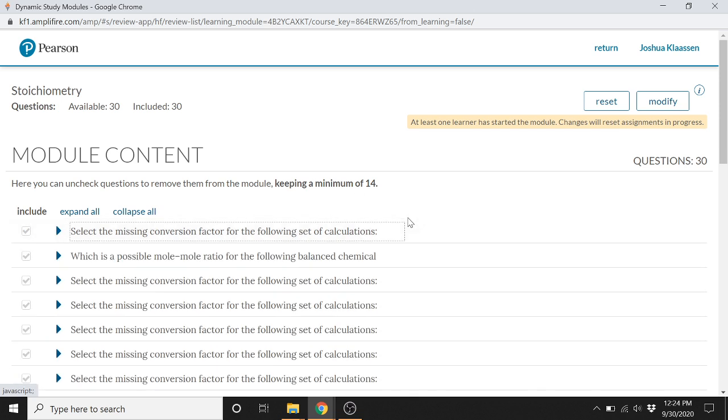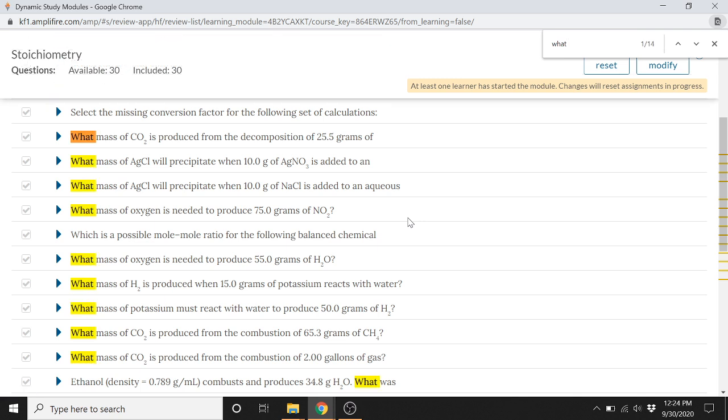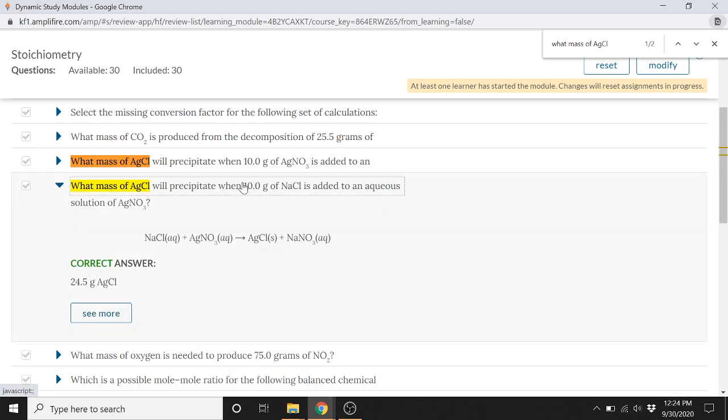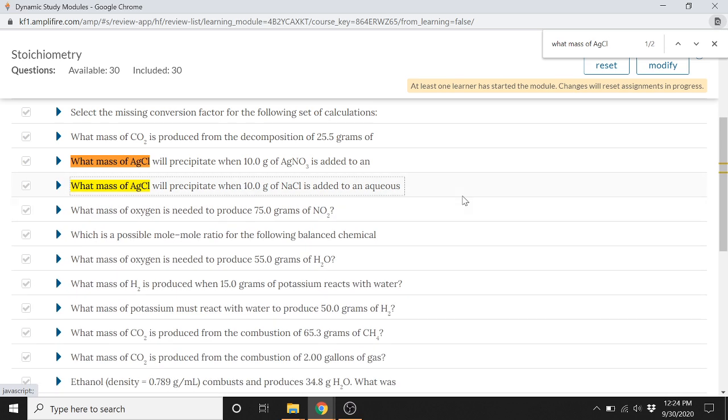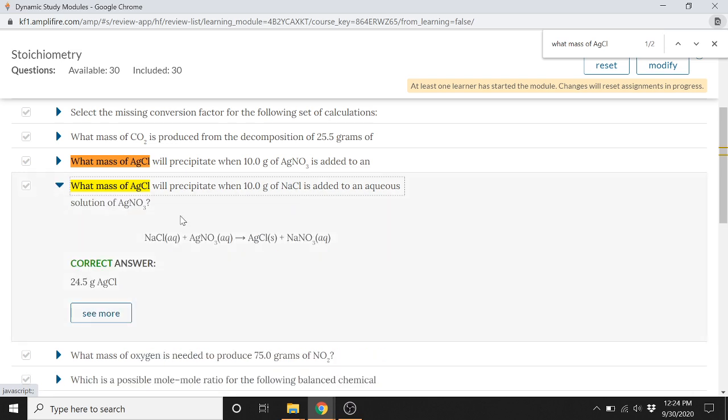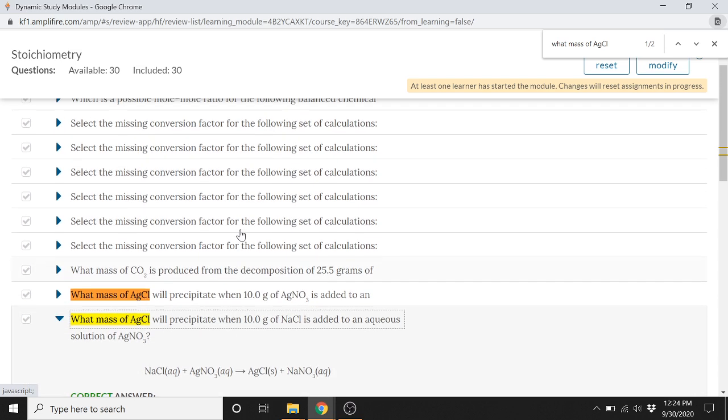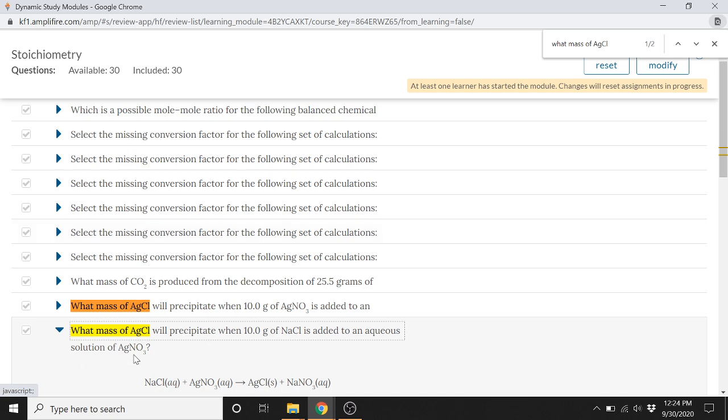What mass of AgCl will precipitate when 10 grams of NaCl is added to an aqueous solution of AgNO3?